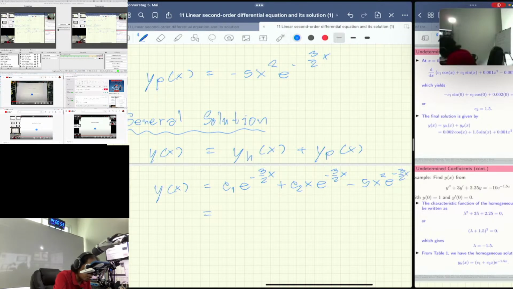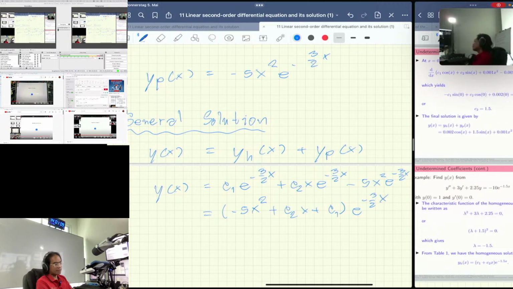Or in a short form it's equal to negative 5 x squared plus c2 x plus c1, exponential negative 3/2 x. All right, that's the general solution.